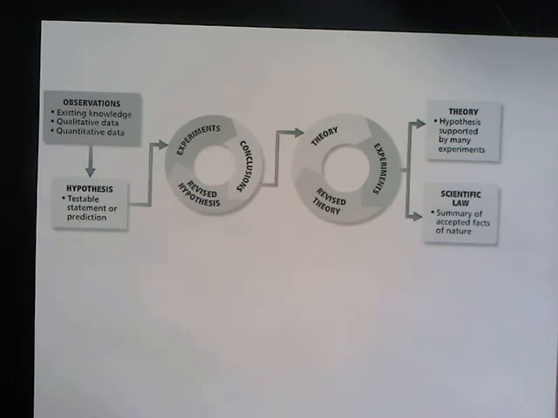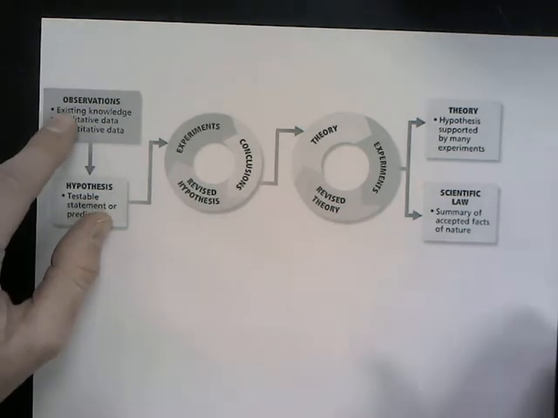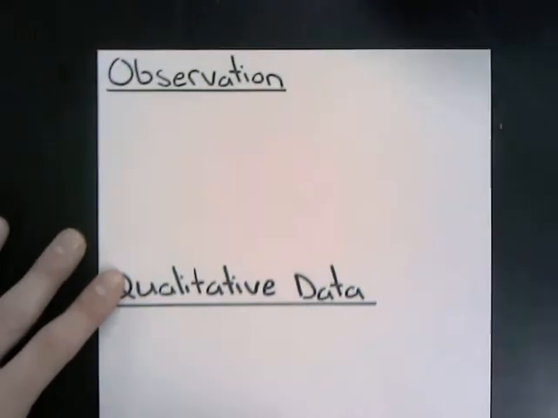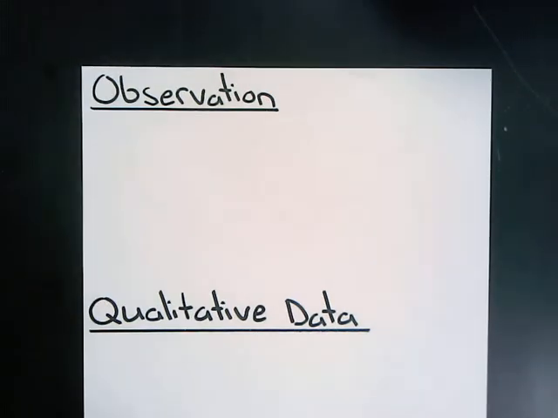So let's talk about our first thing that most likely happens in the scientific method, and that is observations. Observations are usually going to start with scientists just beginning with a very simple observation.